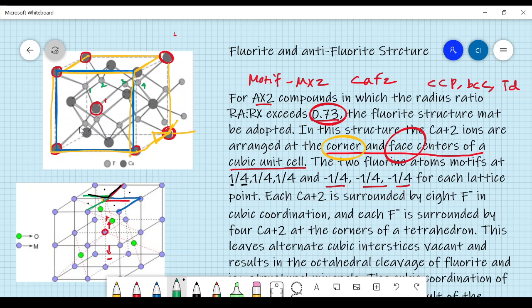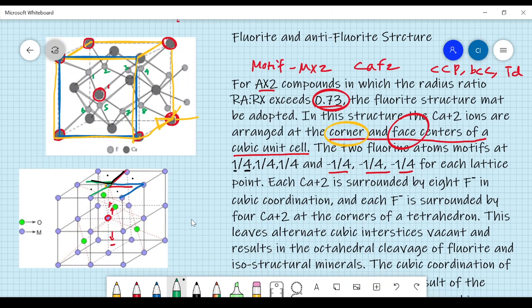Likewise, you have these at the bottom: 5, 6, 7 and 8. That is how it is shared. It's an important point that the calcium atom is surrounded by 8 F atoms, 8 F minus.